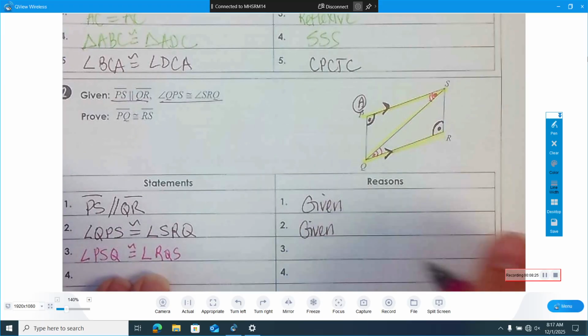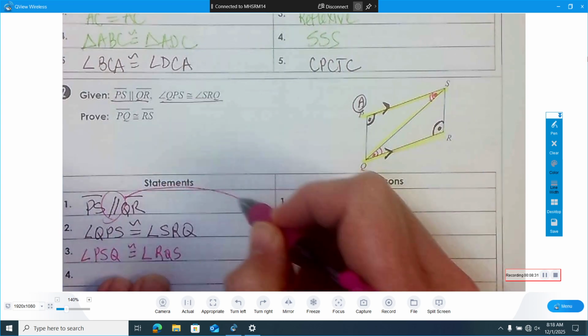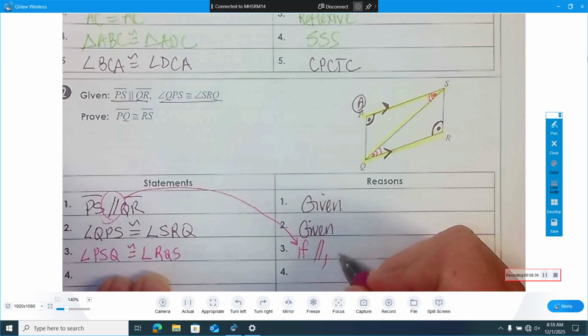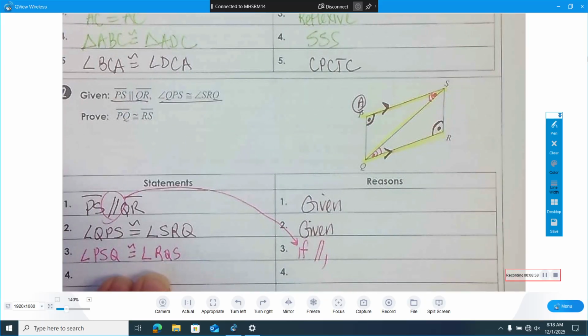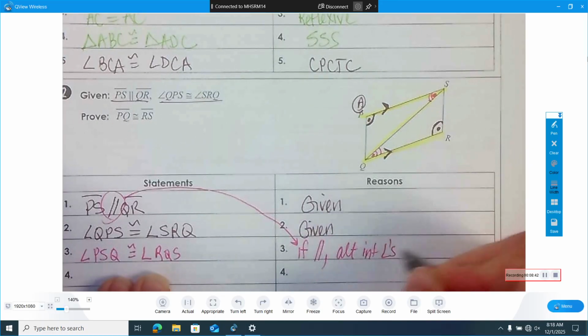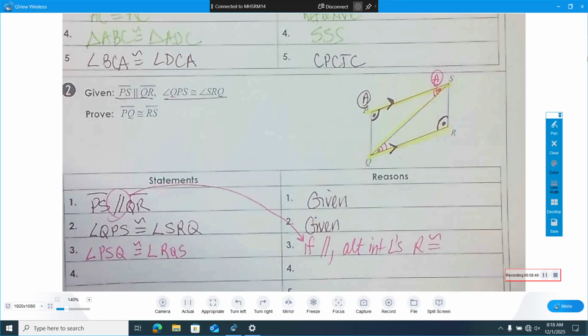So, what's our reason here? If parallel. Again, they gave us parallel lines, so we're going to use that in our reasons. If parallel, what's the name of these angles? Alternate interior. Yes, alternate interior angles are congruent. All right, and then that's another pair of angles.